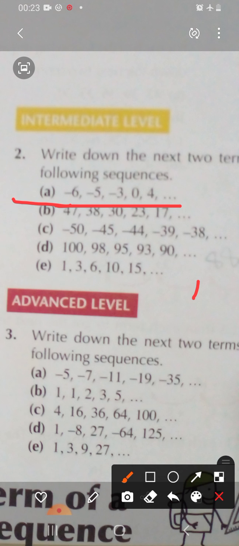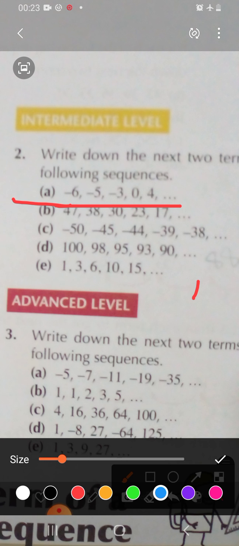Let's see how to find it out. The first term is -6 and the second term is -5. So if we add 1, we get -5.